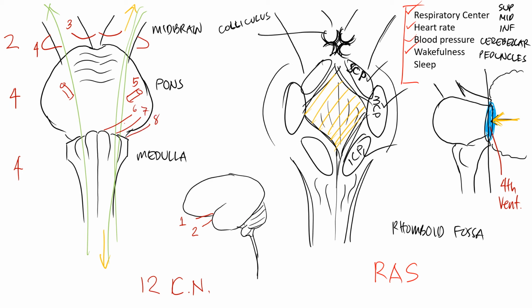And then, in your medulla, between your olives here and your inferior cerebellar peduncle, you have your 9, 10, 11. And then between your pyramids and your olives, we'll draw it over here, number 12. Very, very quick, very simple, easy to remember.